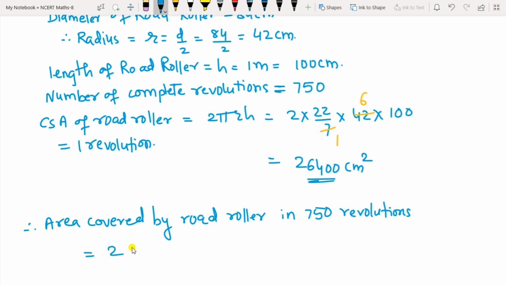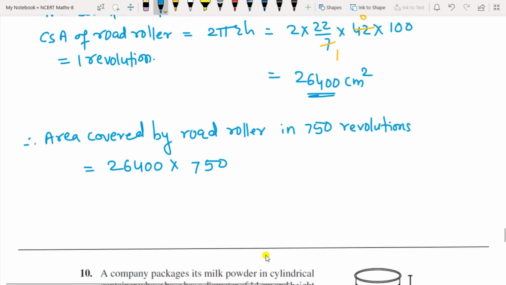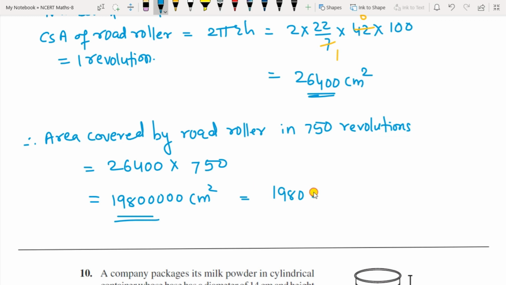Curved surface area, that is for 1 revolution how much area it has covered, multiply by 750. That will give you the answer as 198,000 centimeter square, and this you can convert into meter square as 1980 meters square. So this is the area covered by the road roller in 750 revolutions.